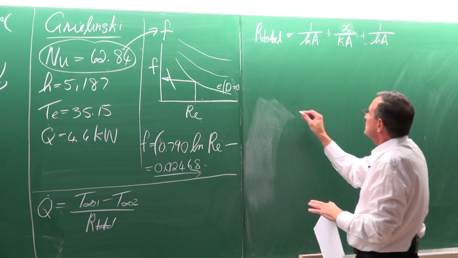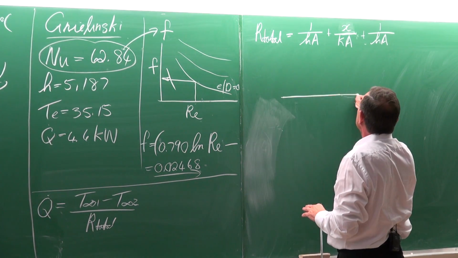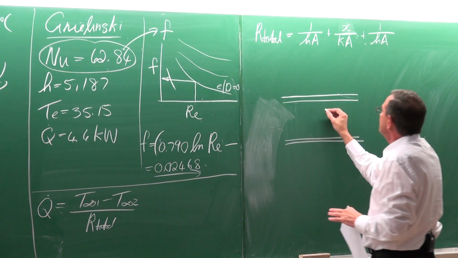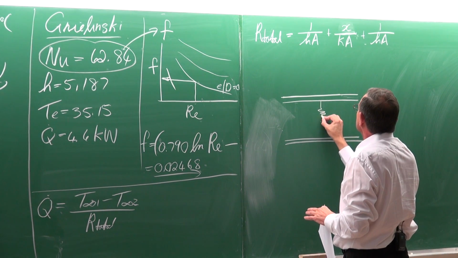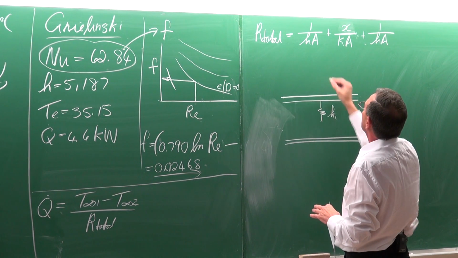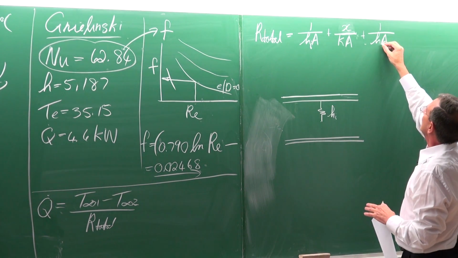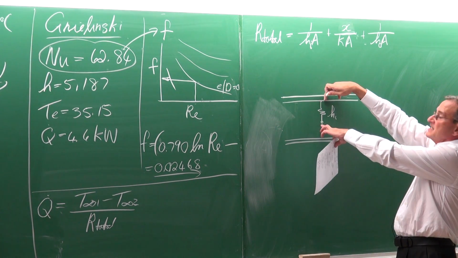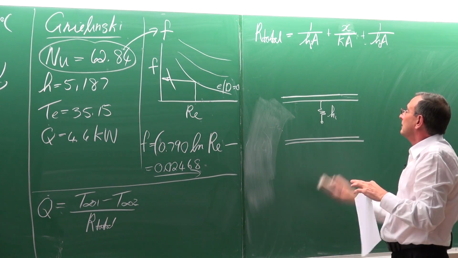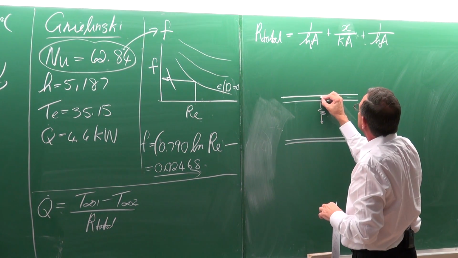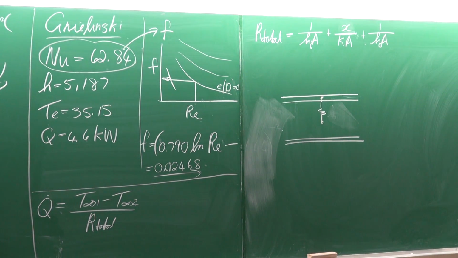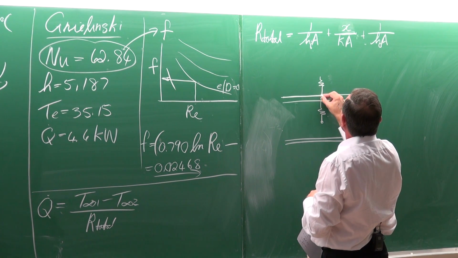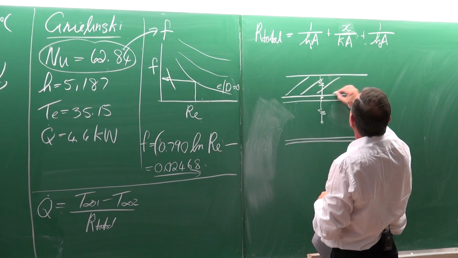So this problem, if we've got this duct, is being driven by 3 terms. One is the heat transfer coefficient on the inside, and then there's one on the outside. So we've got a resistance term which is the resistance on the inside. Then we've got the resistance through the galvanized plate, and then we've got the resistance on the outside, which is now insulation material.